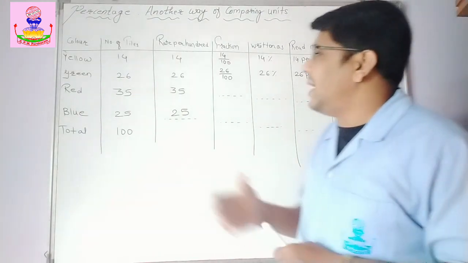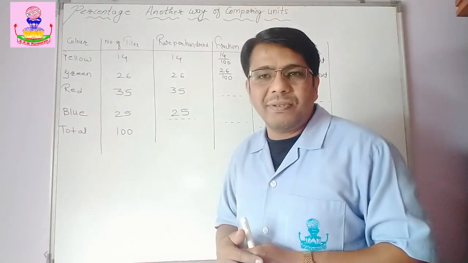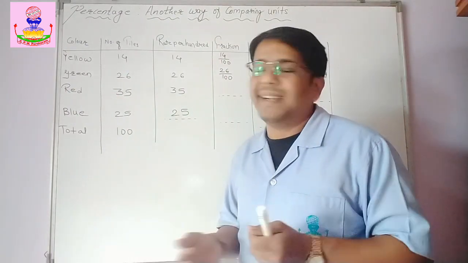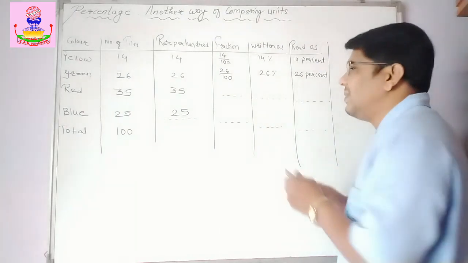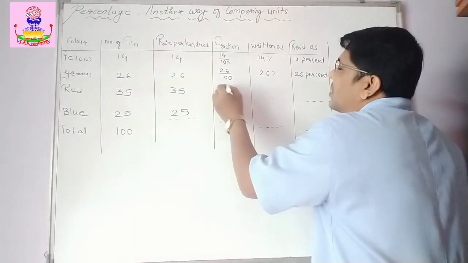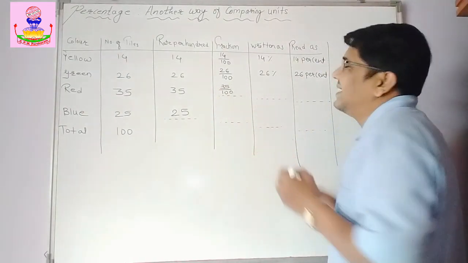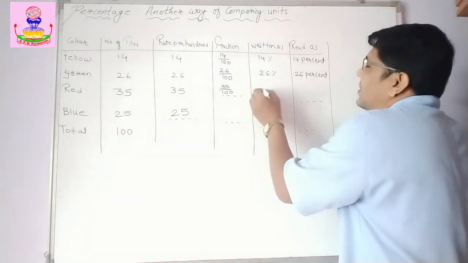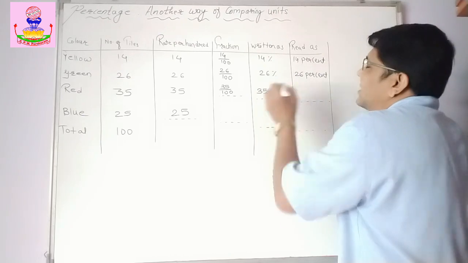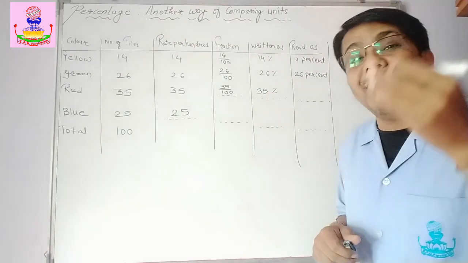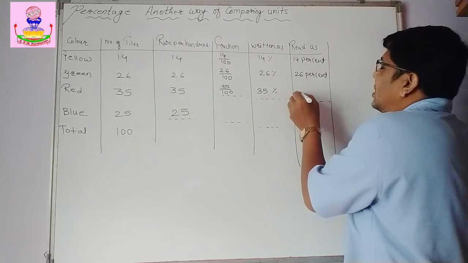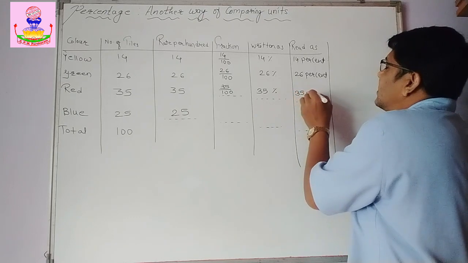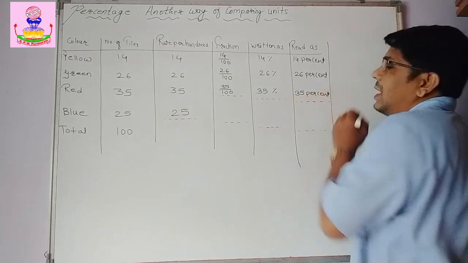Then red tiles, there are 35 out of definitely 100. So how can we write them? Yes, exactly, 35 upon 100. And how can we write it using the symbol? 35%. And we read it as 35 percent.